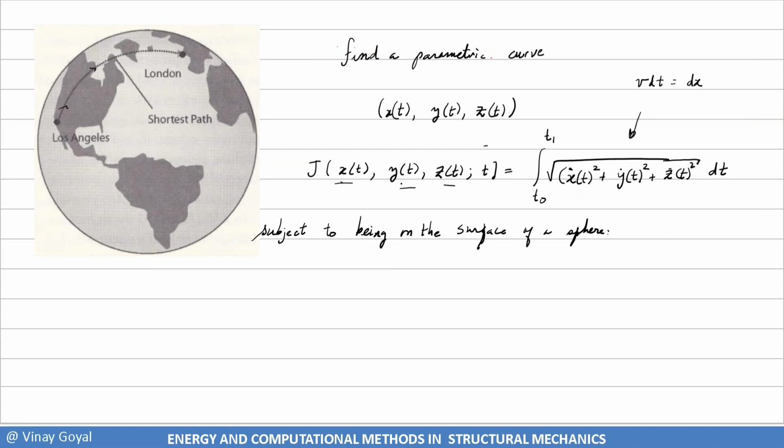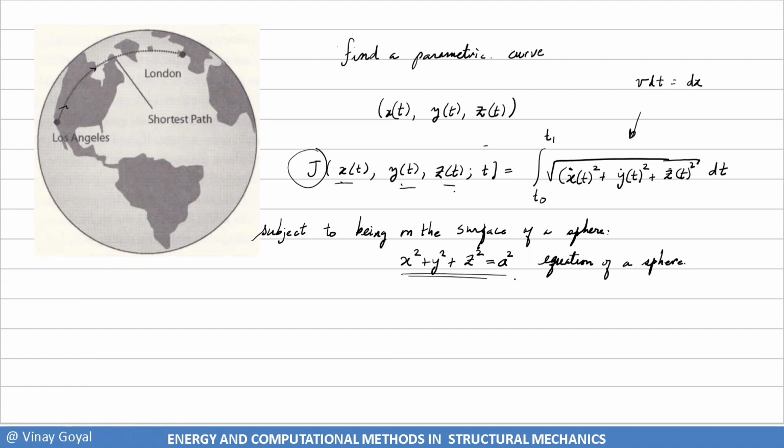I'm trying to find x, y, and z that minimize j, right? And I want to make sure they're subject to the sphere, to being on the sphere. So that means that it's x squared plus y squared plus z squared equals a squared, which is the equation of a sphere. So whatever function I find has to satisfy this equation somehow.